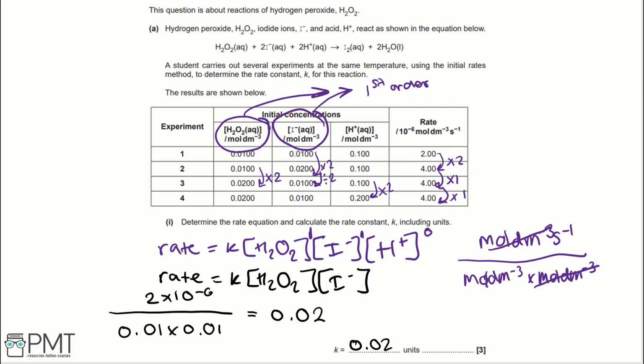Another way of writing that is mole to the -1 decimeters cubed per second. For this question, you get a mark for the correct rate equation, a mark for the correct K value, and a mark for the correct units.